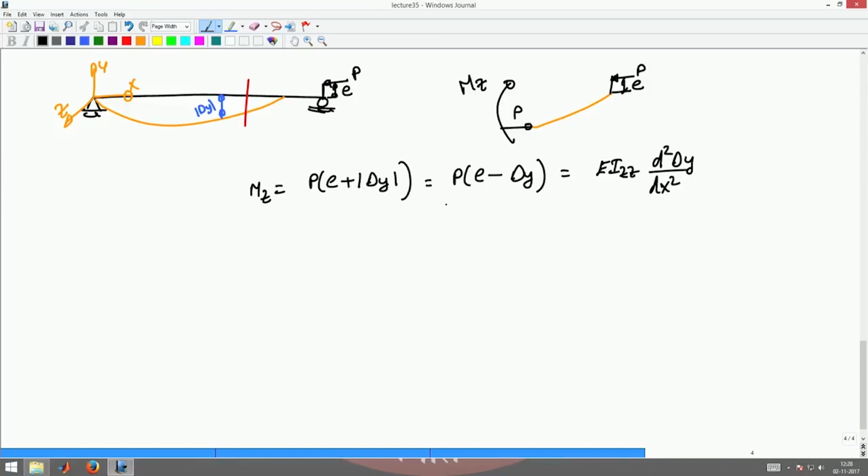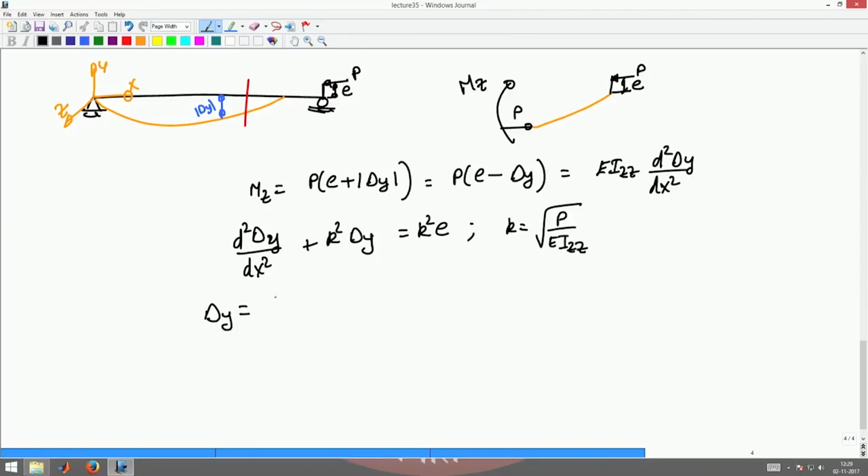Now, solving this differential equation as before, I can write that as d square delta y by dx square plus k square delta y equals k square e, where k is square root of P by E times Izz. Okay. Now, the solution for this equation is delta y equals C1 cos kx plus C2 sin kx plus e.